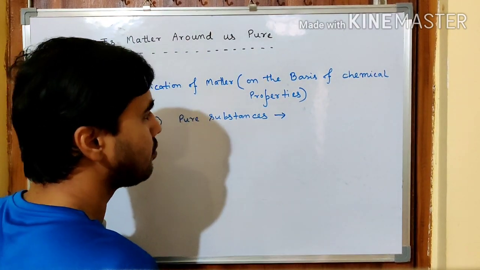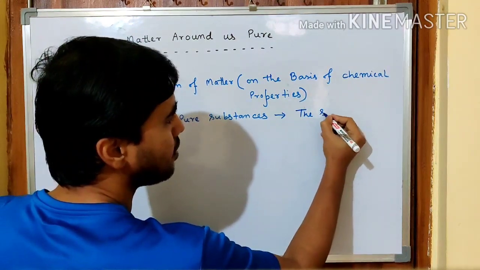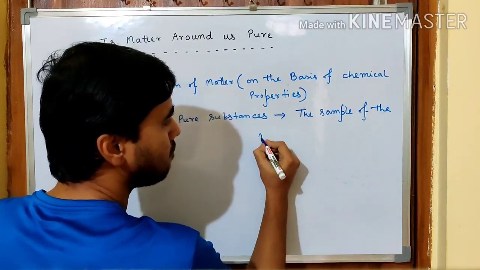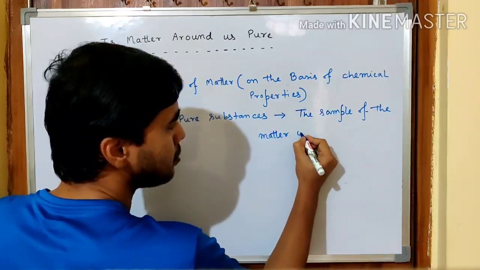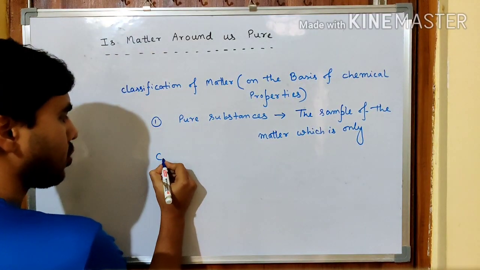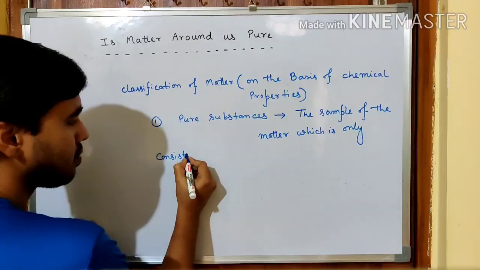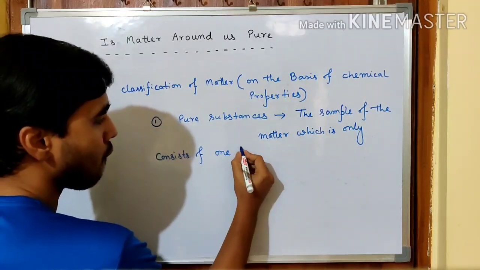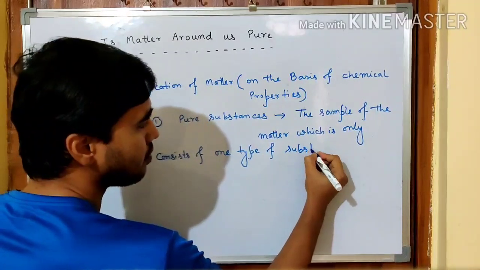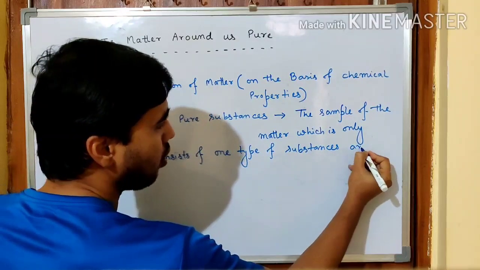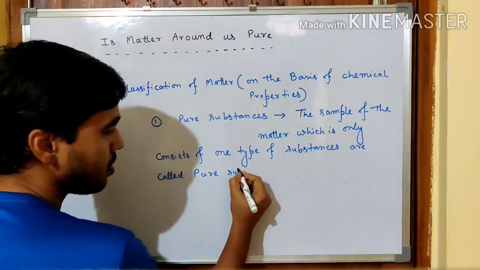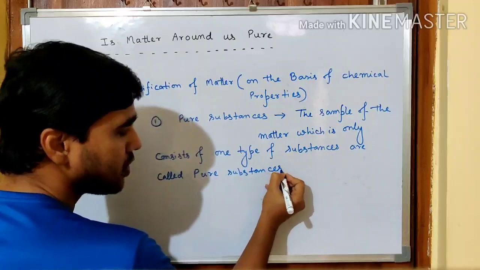If we define it, a sample of matter which consists of only one type of substance is called a pure substance. First you write it down, then I will describe.